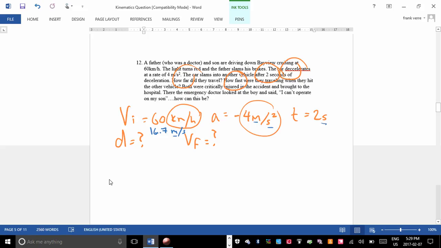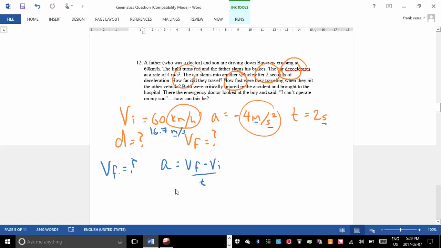Okay, so let's first off figure out, actually in this case you might want to do the final speed first. That could be easier. So let's do the final speed first. So what's the final speed? We have a formula for acceleration, which is this, Vf minus Vi over t.